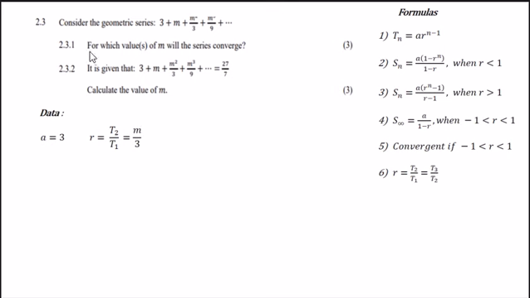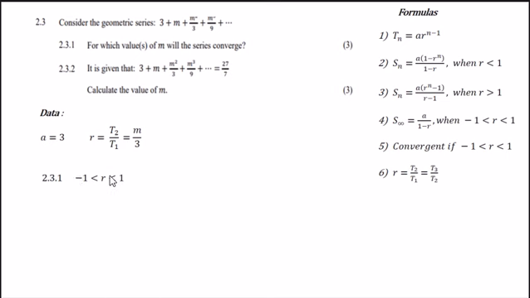Question 2.3.1: for which values of m will the series converge? As specified, the series converges if r is between -1 and 1. Then the question is, what is our r? Where we see r, we substitute m over 3.